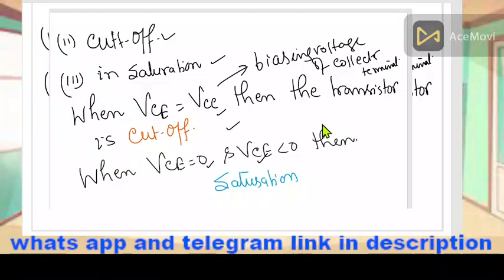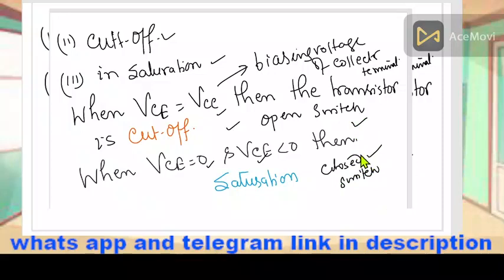Now these are the two extreme states. I told you in the last lecture that cutoff and saturation are two extreme states. These are similar to switches. Cutoff is the open switch and saturation is the closed switch. Here no current is flowing, here maximum current is flowing.